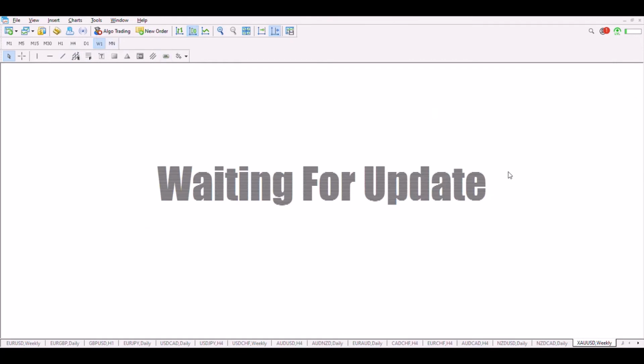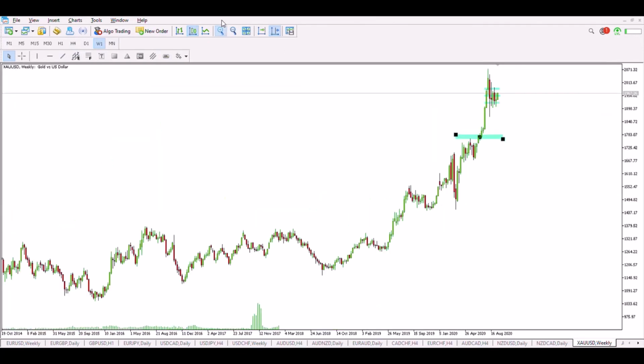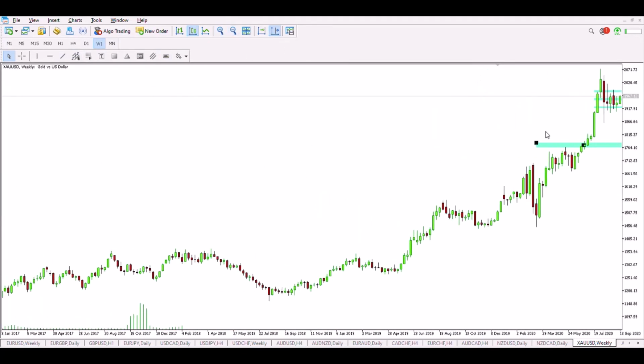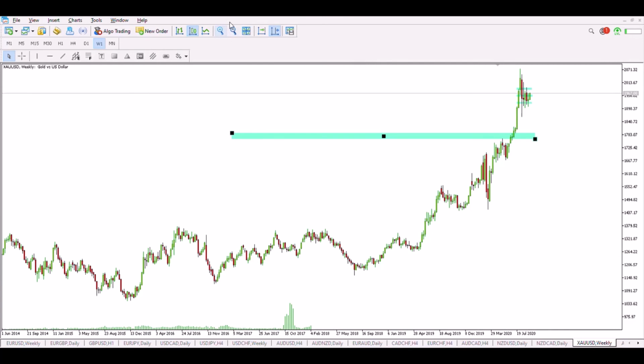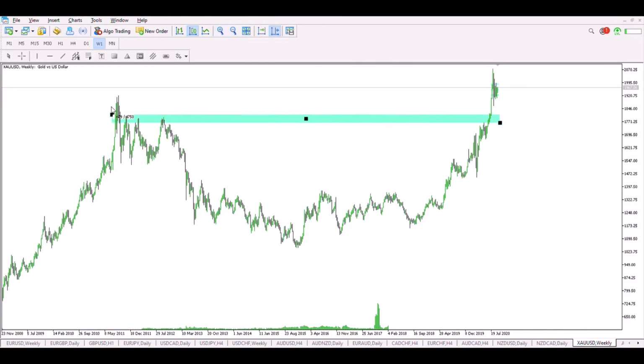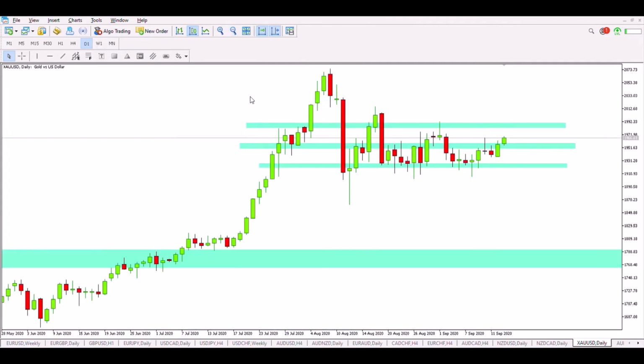Let's see on the weekly. Okay, let's make this a little bit longer so we can see how the price moved on the weekly. And yes, you can see that this was a resistance in the past, so this is a good zone. So if the price broke below the triangle like this, here would be a great target profit area for taking profits on this trade.